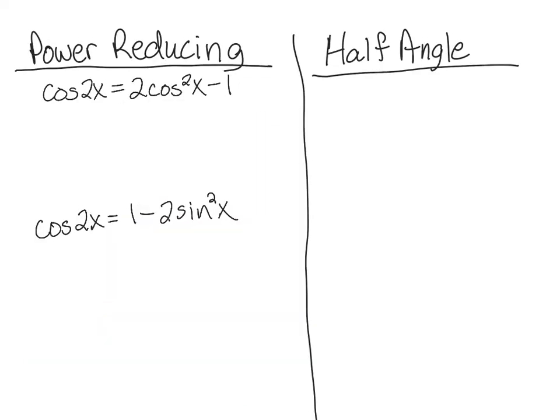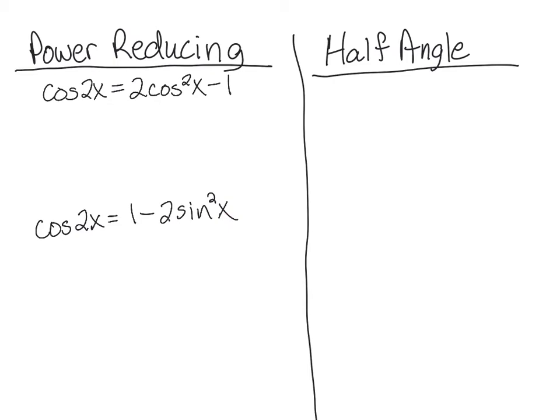All right, first off, we have this form of the double angle for the cosine. The power reducing formula is used in Calc 2 a lot when you're doing something called an integral. And if you're integrating a cosine squared or a sine squared, there's nothing you can do to it.